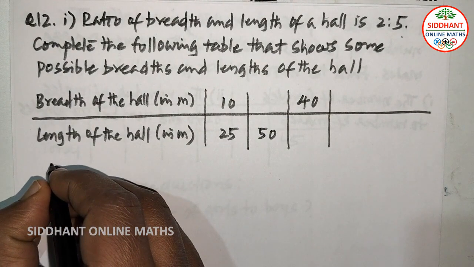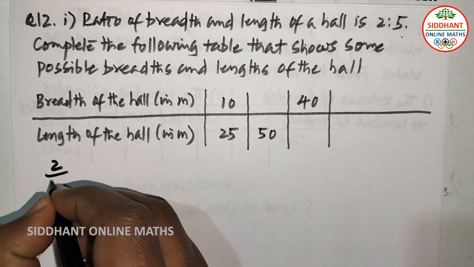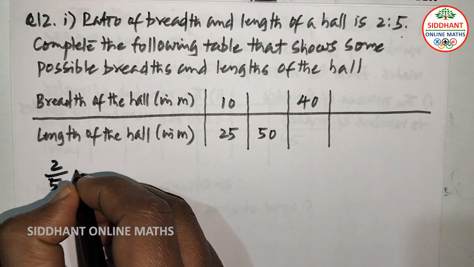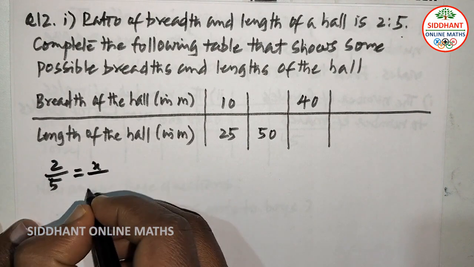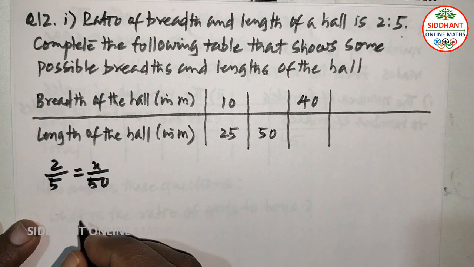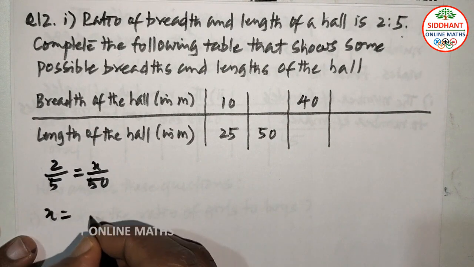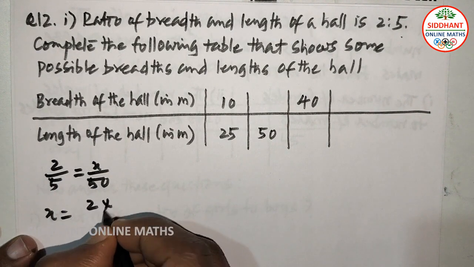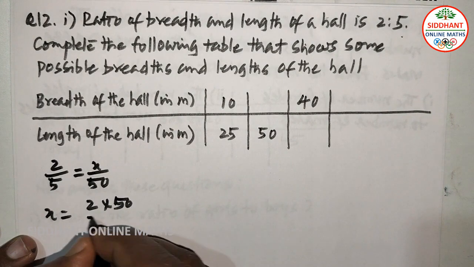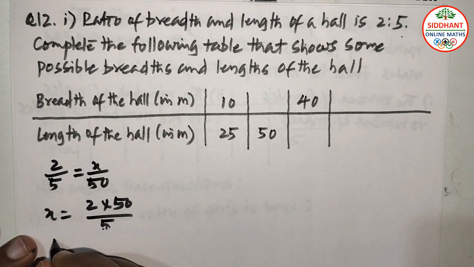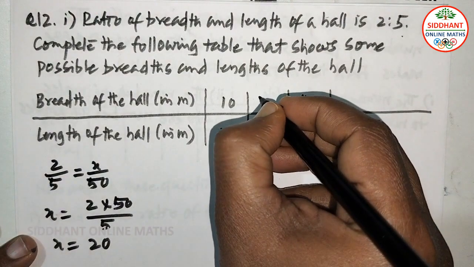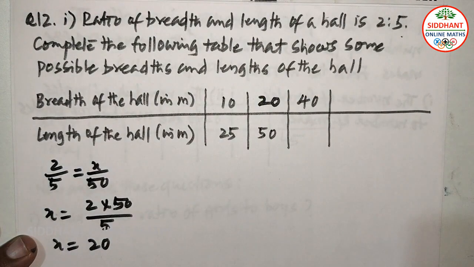So suppose 2 by 5 is equal to x by 50. That means x is equal to 2 into 50 by 5. That will be x is equal to 20. So here we are going to fill 20 here.